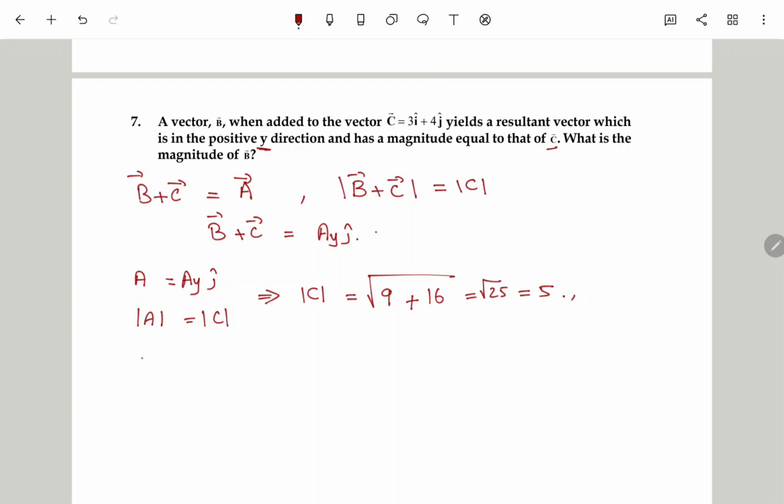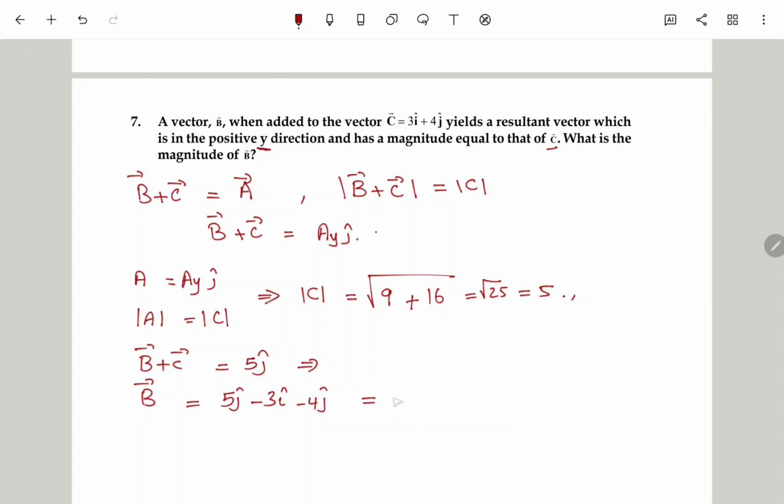Now, B plus C equals 5j hat, and B as a vector equals 5j hat minus vector C. Just move this one to the other side: 3i minus 4j hat.